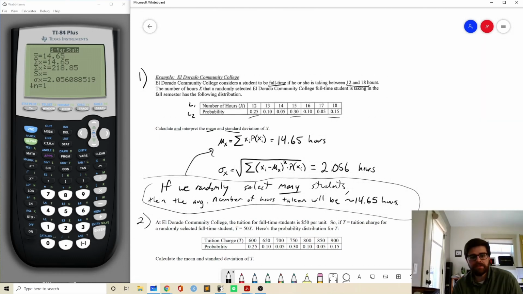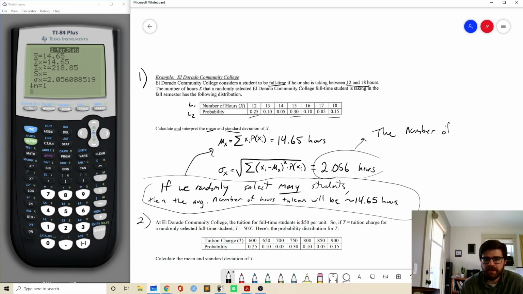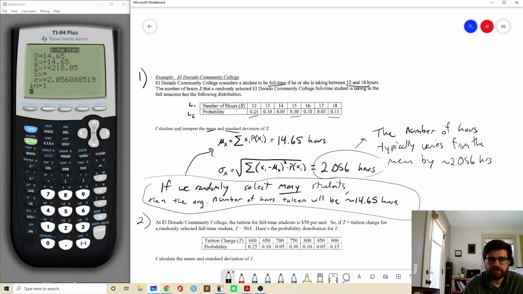So we could say, to describe this standard deviation, we would say the number of hours typically varies from the mean by about 2.056 hours. Now, we aren't spending enough time really in making sure to interpret our answers.